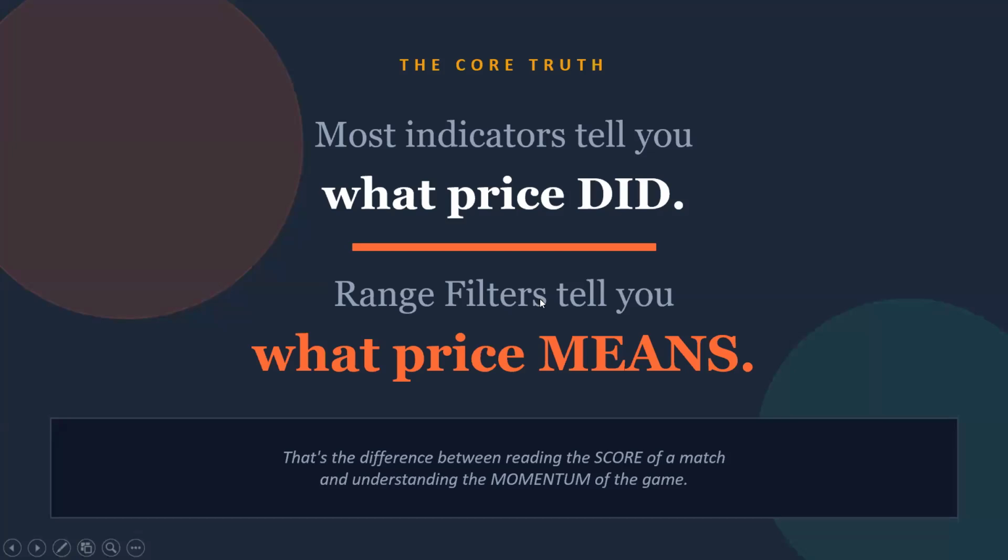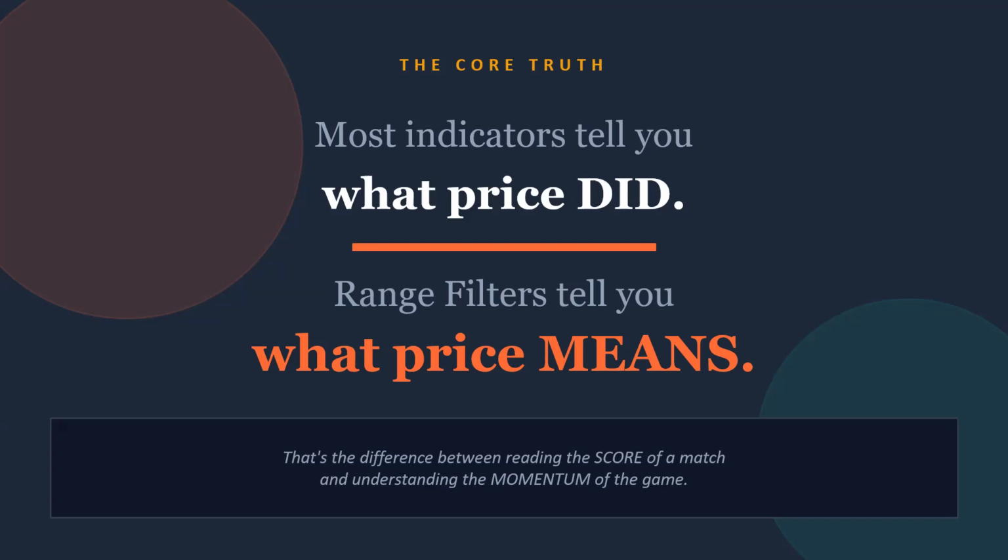So the core truth is most indicators tell you what price did. My indicator, Nalini Price Engine, and time machine, Nalini Pro time machine, tells you what price is doing. Think about it. Do you need what price did, or do you need what price is doing?